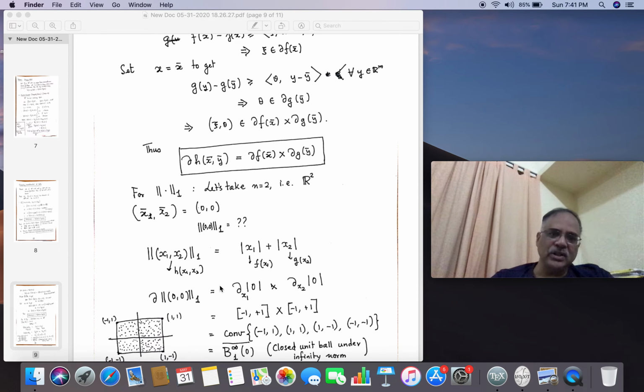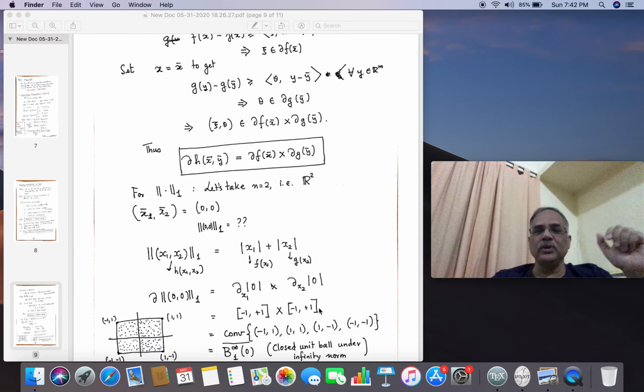So what we have just learned is that the subdifferential of the L1 norm function at (0, 0) is the subdifferential of this computed with respect to x1 at 0, together with the subdifferential of this function computed with respect to x2, the absolute value function computed at 0. But this is the absolute value function, so its subdifferential is -1 to +1, that we already know.